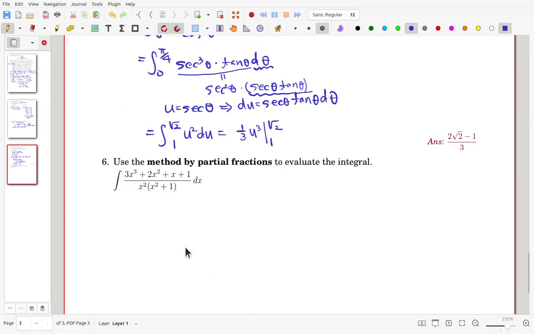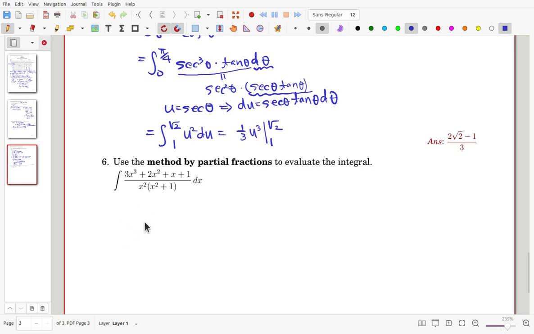Now, number 6, use the method of partial fractions to evaluate the integral. In here, the bottom has degree 4 and the top has degree 3, so it is a proper fraction. So we can transform the fraction into partial fractions.